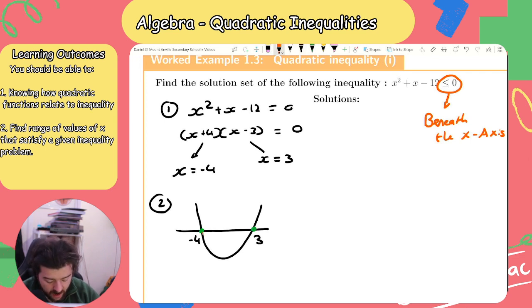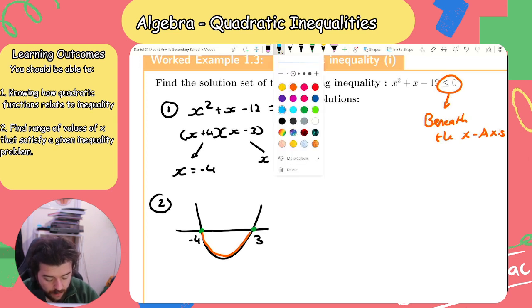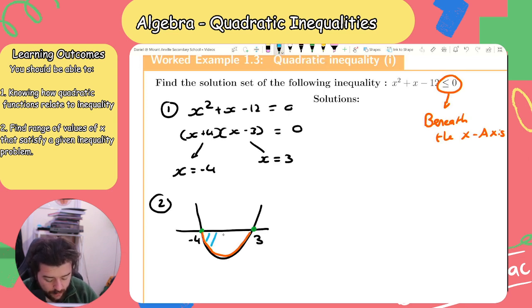And we see here, between these values, this is where my function is below the x-axis. So I'm going to label this blue, like the deep ocean that goes underneath. So I want to find out the range of values between minus 4 and 3 that trap these values.